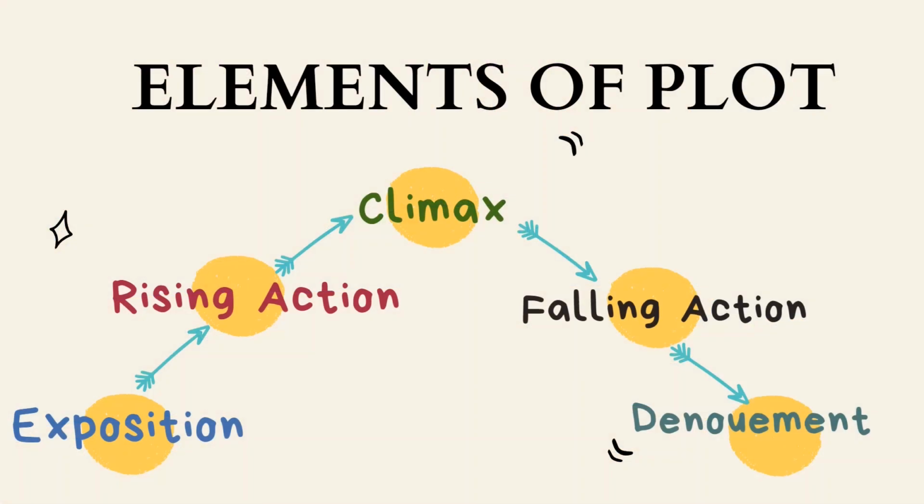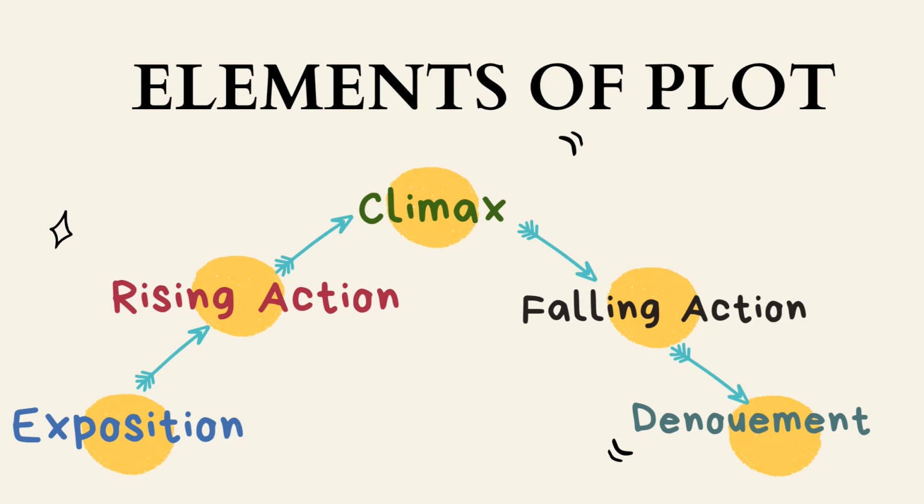I have also included the elements of plot, which is very essential in understanding the literary texts that we will be discussing in the future. First, we have the exposition. This is where the characters are introduced, followed by the rising action, which covers the events leading to the climax.